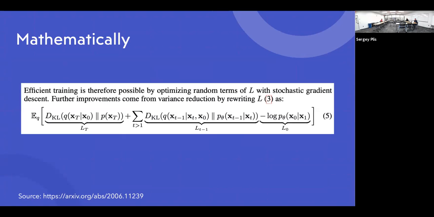Just a quick comment and question. P theta is basically trying to capture as much of Q as possible.